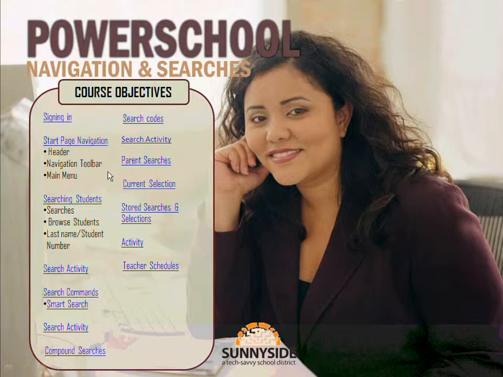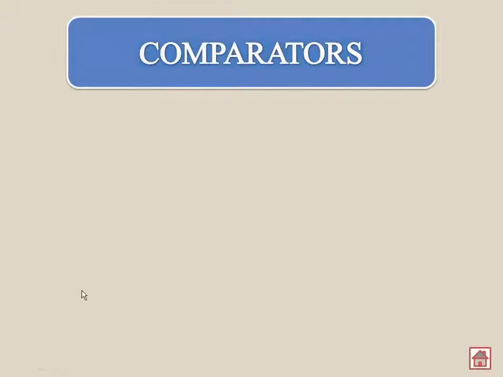We go into what's called search commands. So I'm going to go ahead and click search commands here. Before we start, search commands are composed of comparators, and I know you know what these are. So if I click on them, see if you can recognize what they are.